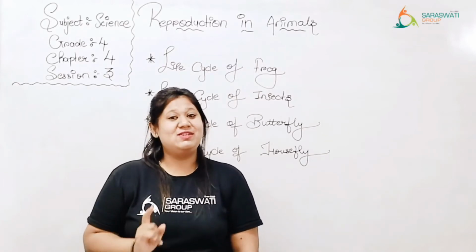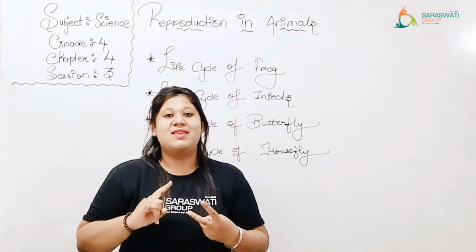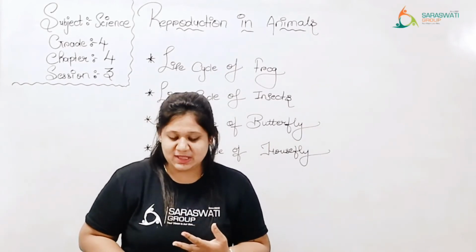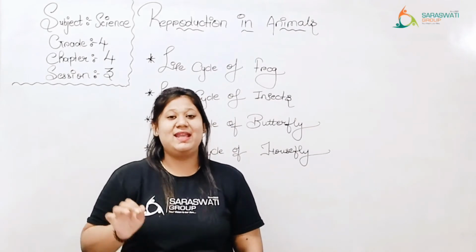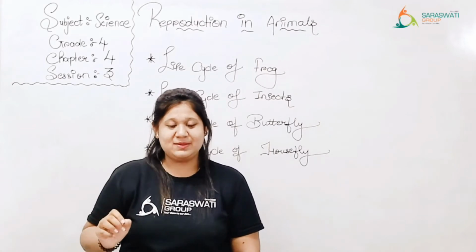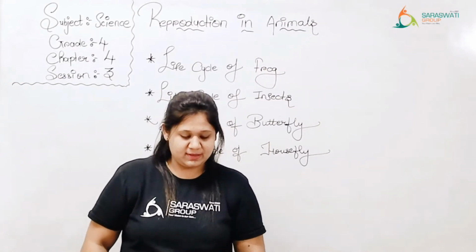In the last session, what did I explain you? I explained you about lifespan, then reproduction, then the ways of reproduction, then animals that lay eggs and parts of eggs, right? So first of all, lifespan.